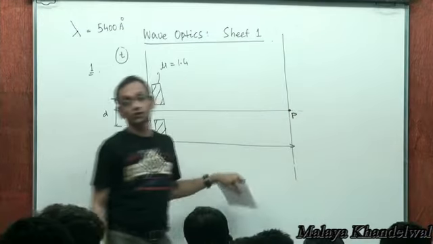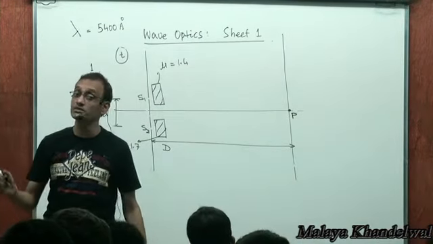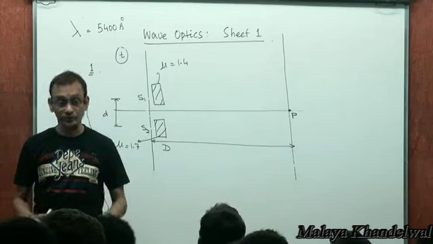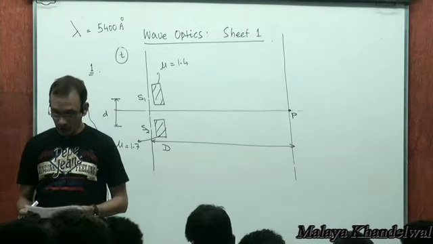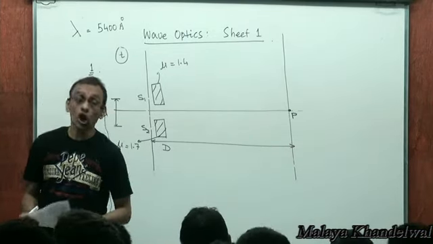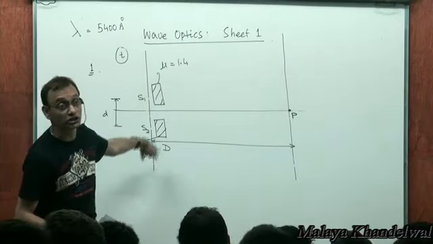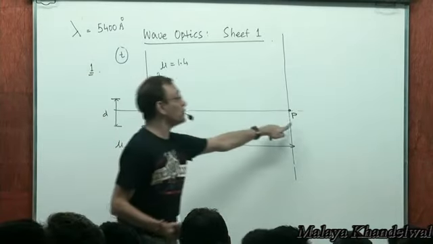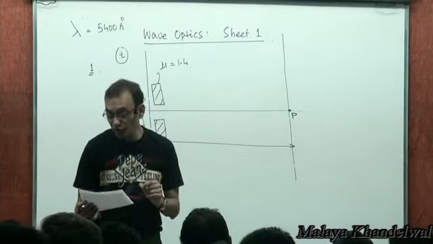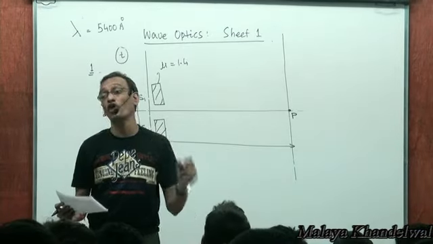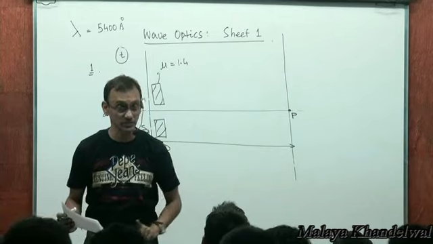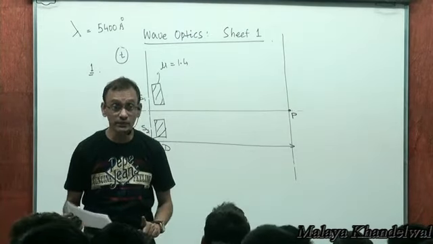This point is where you would have seen a central maximum if the glass plates were not there. Now, this point is no longer a central maximum after introduction of these glass plates. At P, we have 3/4 the intensity that there was when there were no glass plates. You know what I'm saying?